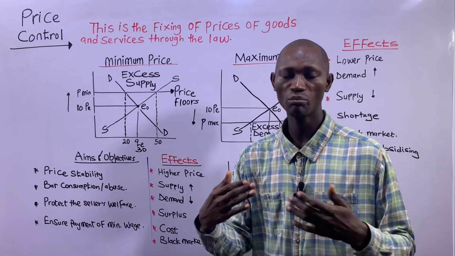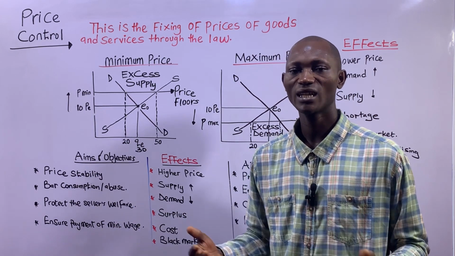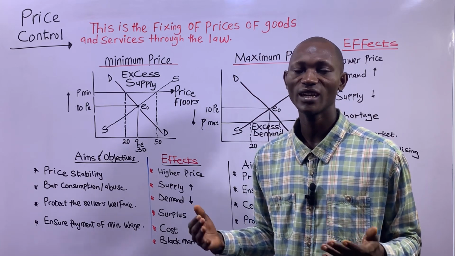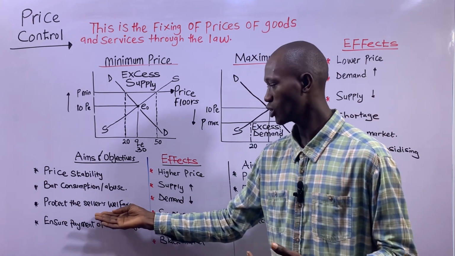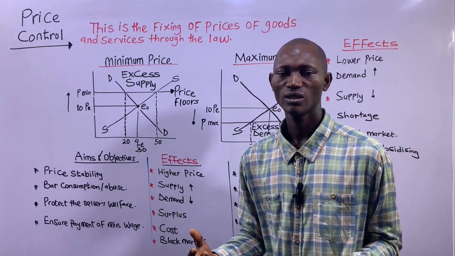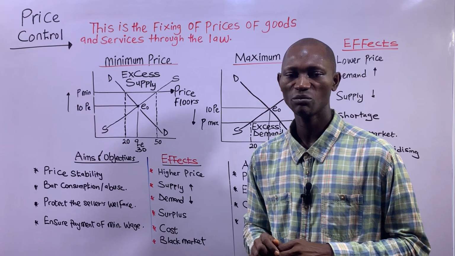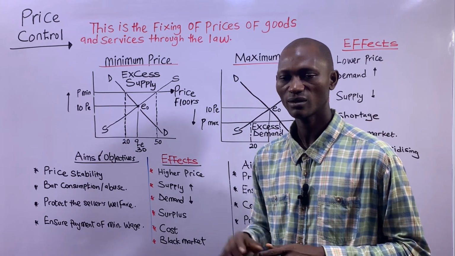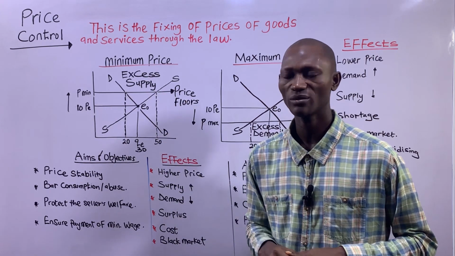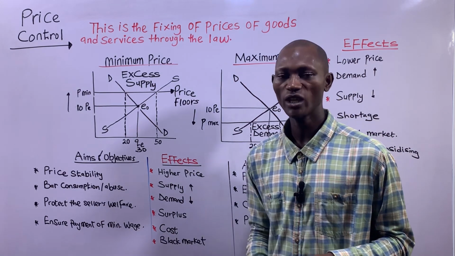That's basically what it means. And the more profit for the producer means the more the standard of living of the producers or sellers will increase. So government is setting it in the interest of the producers. That's minimum price legislation. Then ensure payment of minimum wage.